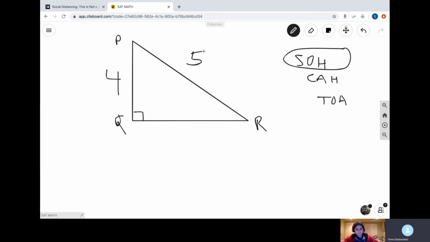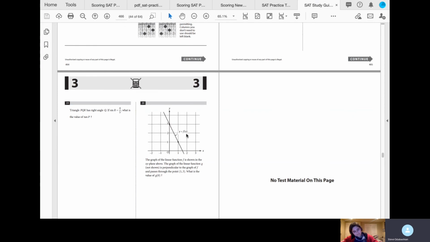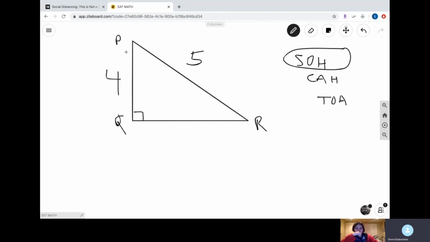The question wants to know tan of P, so now I'm looking at this part of the fake word, TOA, and I need to come up with tan of P. So I need to know what this side is, right? Any idea what it is?